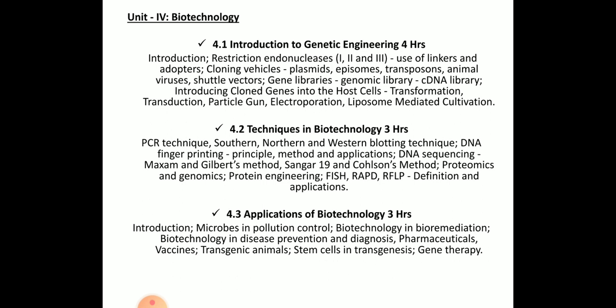So we use different types of methods like electroporation, and also different types of genes, and protein engineering, FISH, RAPD, RFLP. These are the important smaller subparts which we need to study in the second subunit.